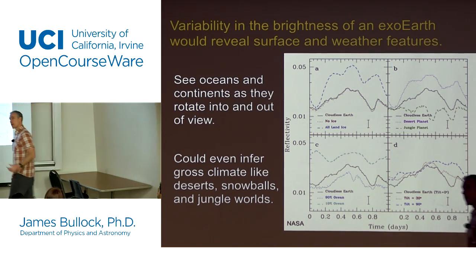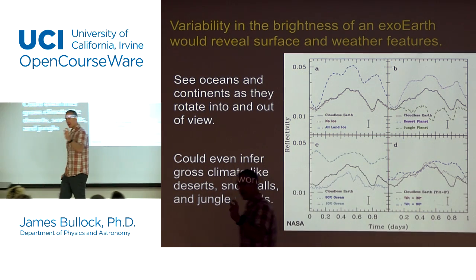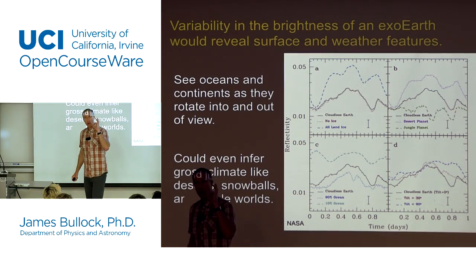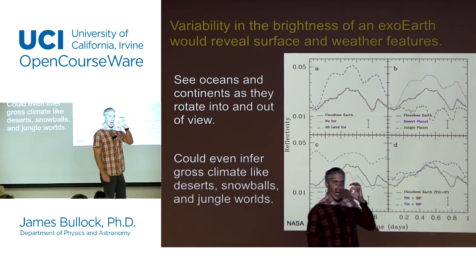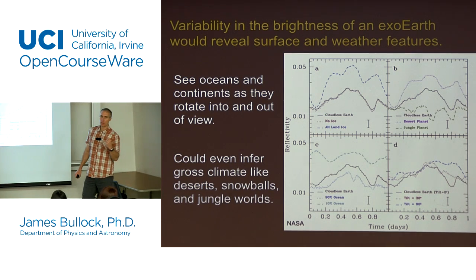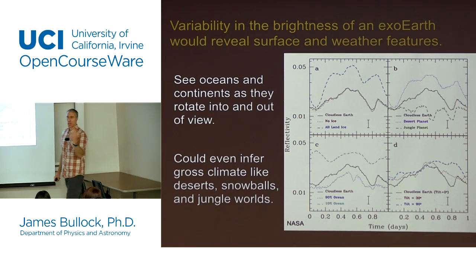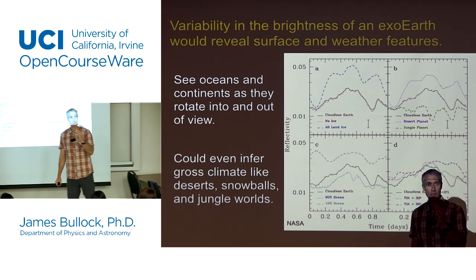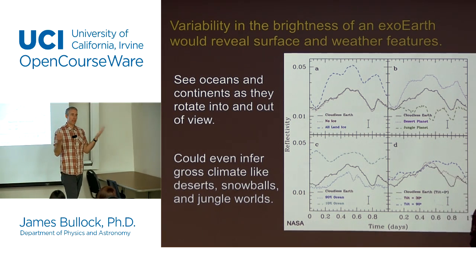The other thing you could think about doing is watching a planet and seeing whether or not its overall brightness and reflected light changed as it orbited its parent star. Because that's what the Earth does. Its reflectance changes over the seasons. That's because ice is very reflectant.